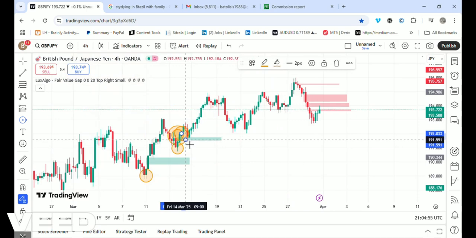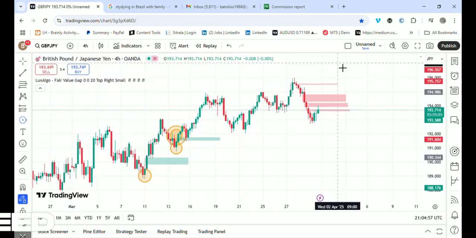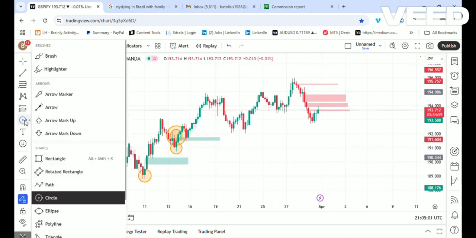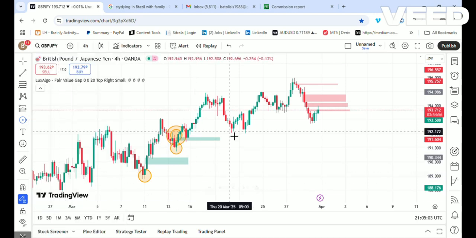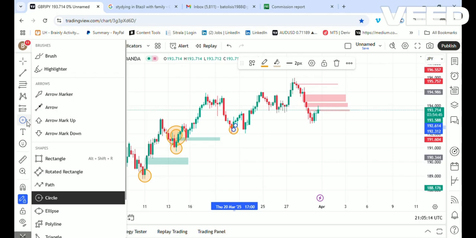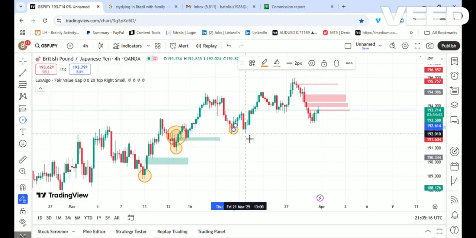Sorry, my chart is misbehaving. This is a low. Let me pick it from here. This is another low. This is another equal low.